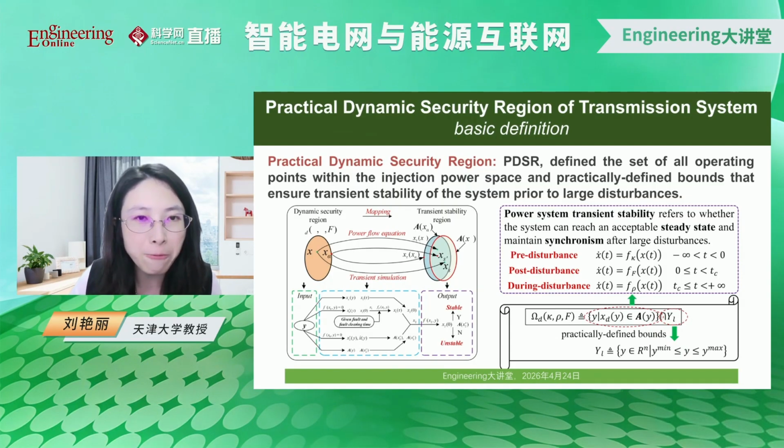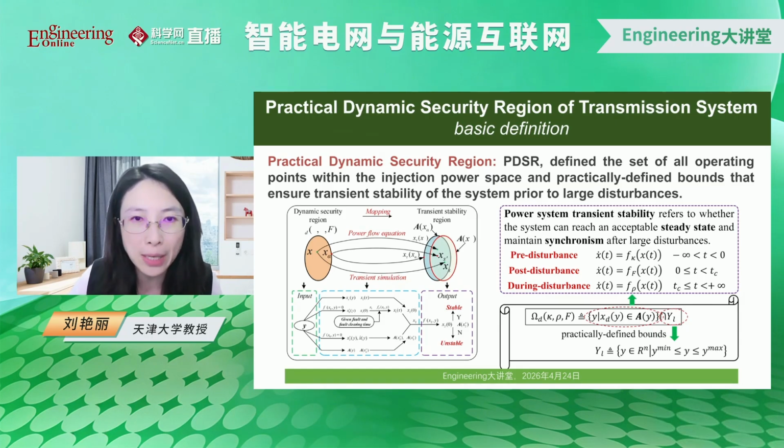As the figure shows, the practical dynamic security region is defined as the set of all operating points within an injection power space and practically defined bounds that ensure transient stability of the power system prior to large disturbances. You can see there is a strong relationship with the functions we are really familiar with.